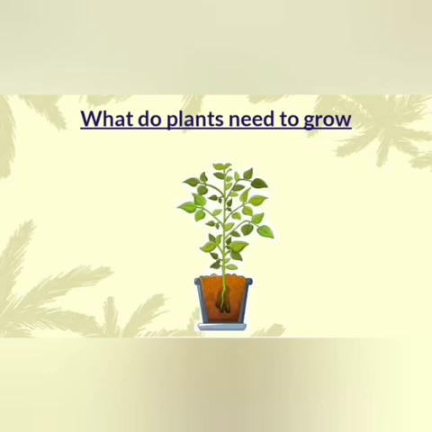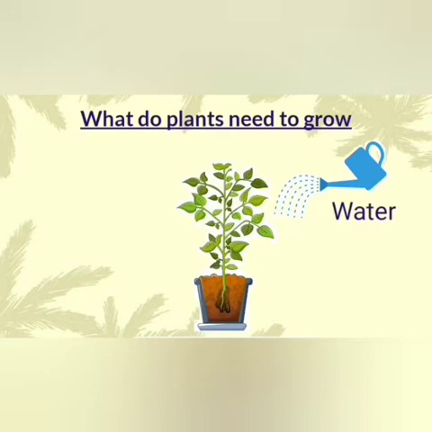Now, let's see what plants need to grow. Plants need 4 things to grow. Water. Kids, just like us, plants also need water to grow. They absorb water through their roots. Then the water travels through the stem into the other parts of the plant.